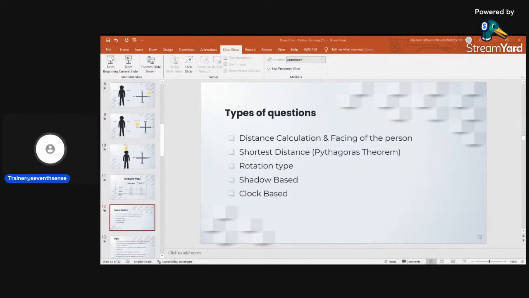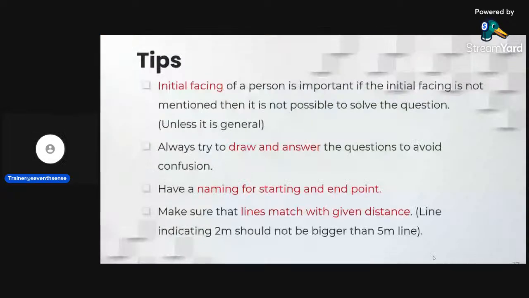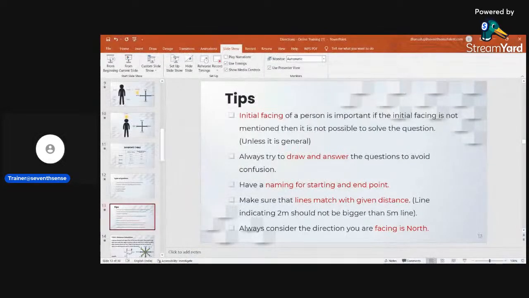You don't need to draw exactly 2 meters and exactly 5 meters. So we can represent these two lines, one is 5 meters and one is 2 meters, right? So please read the tips again. After this, we can go on solving the problems.